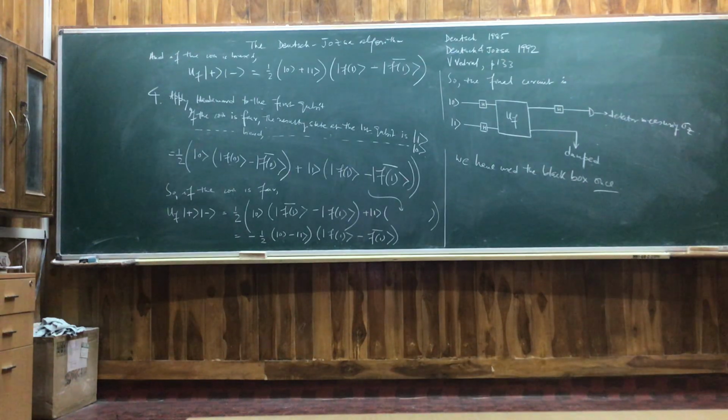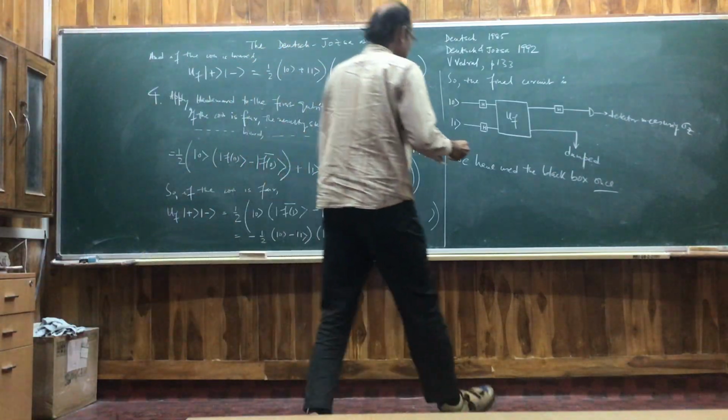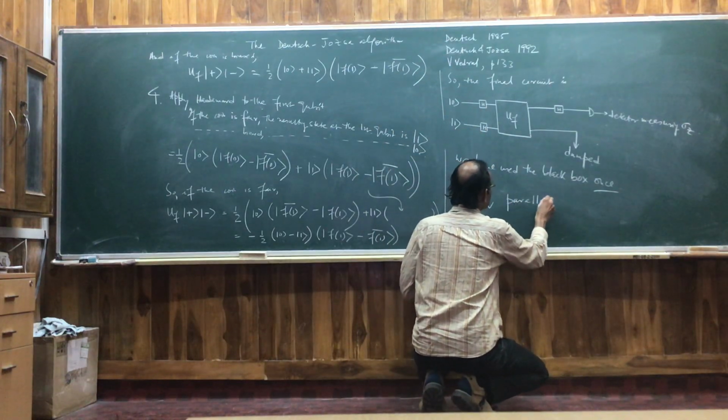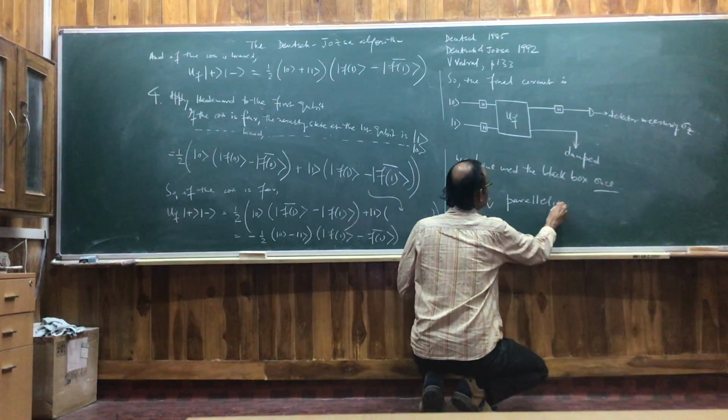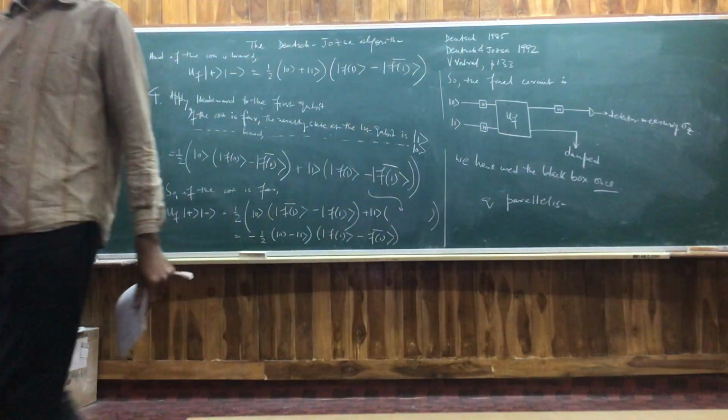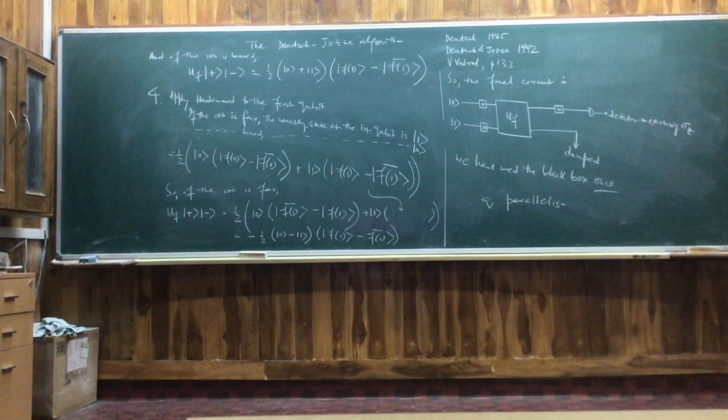And from that, we have been able to go beyond the classical case. So this has a name to it. It's called quantum parallelism. We will see this quantum parallelism in many ways in all these algorithms and error correction.